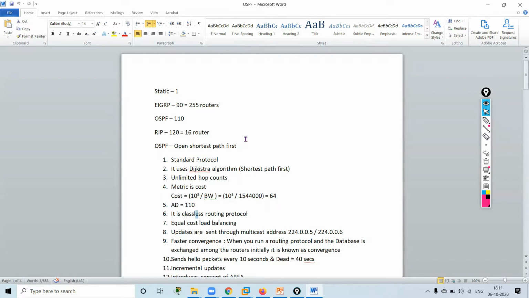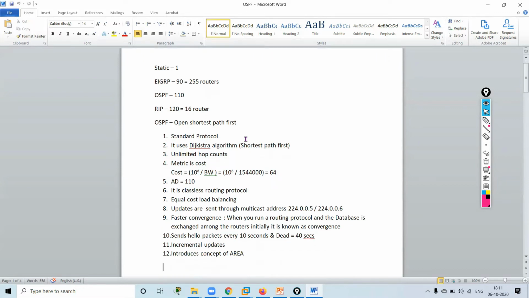It is a classless routing protocol. I'm just giving you a revision of CCNA. It only supports equal cost load balancing. Updates are sent through the multicast addresses 224.0.0.5 and 224.0.0.6. Fast convergence. What is convergence? When you run a routing protocol and the database is exchanged among the routers initially, it is known as convergence.